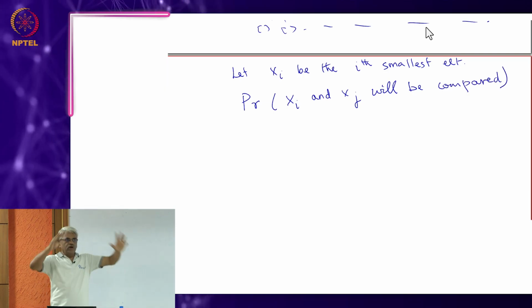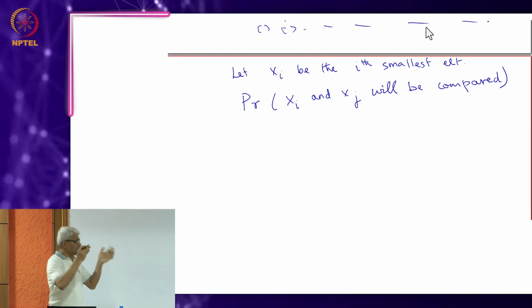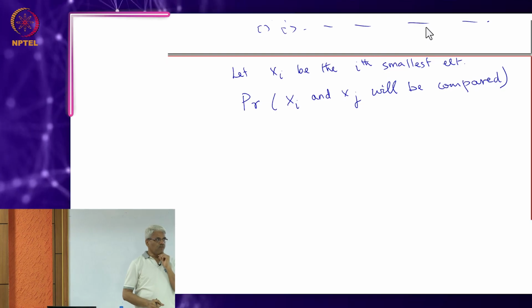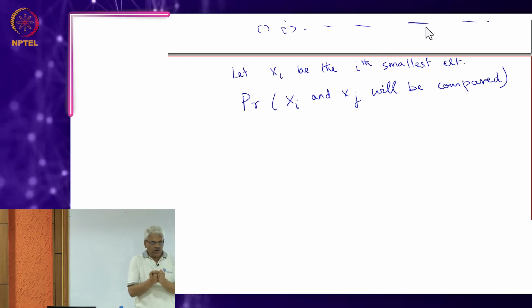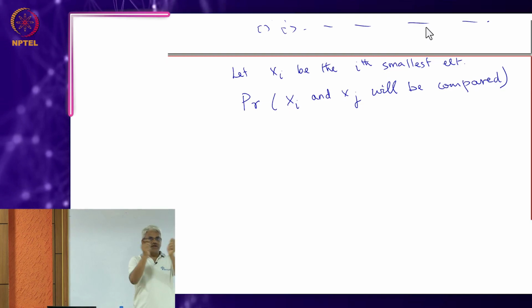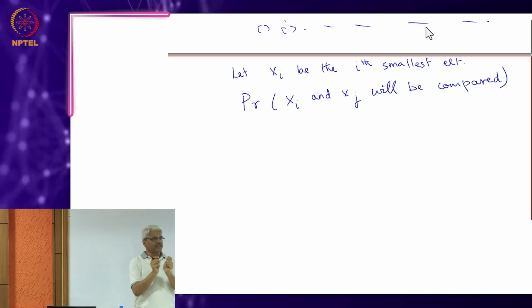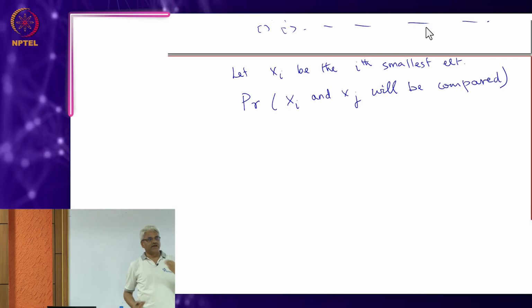In this whole quick sort, you have this random experiment which is based on the pivot. When you finish the sorting, what I want to know is, pick some pair of elements, let's say xi and xj, what is the probability that this pair will be compared in this algorithm?